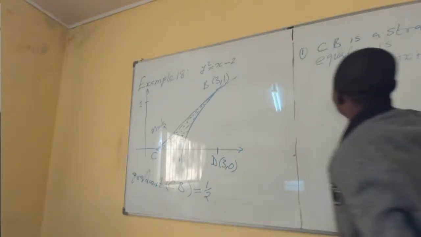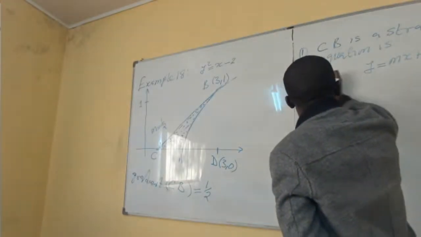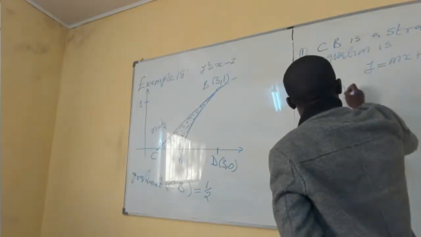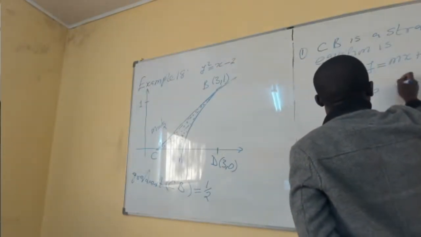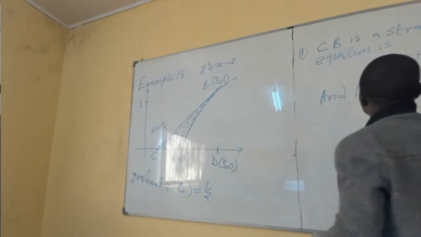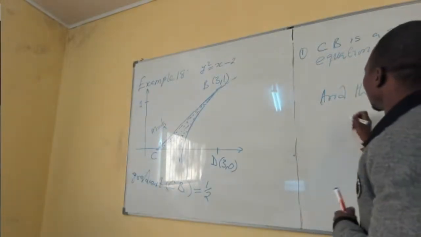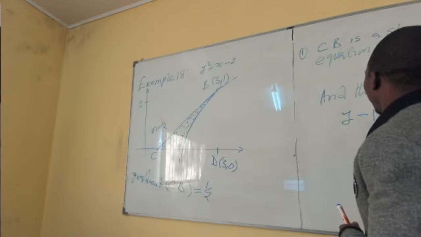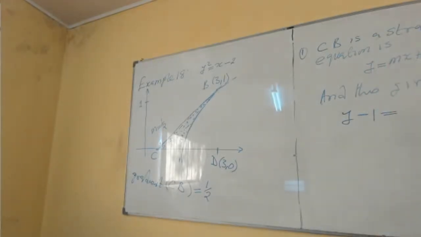And thus this gives y minus 1 equals 1/2 times x minus 3. Y minus 1 is equal to half x minus 3.